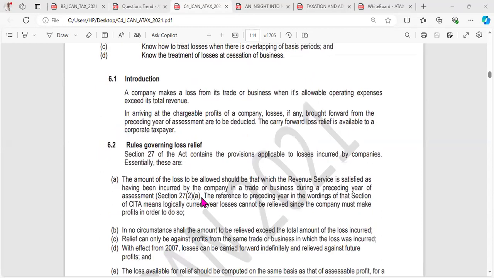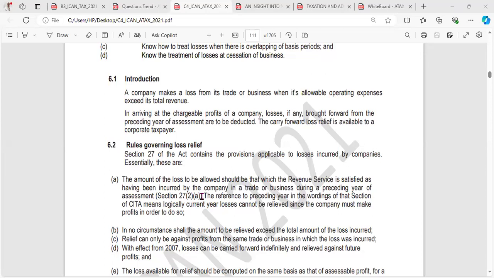Now, every time a business is done, there is a 50-50 chance of you making a profit or you making a loss. We say that a loss has occurred when a business has allowable operating expenses higher than its total revenue.